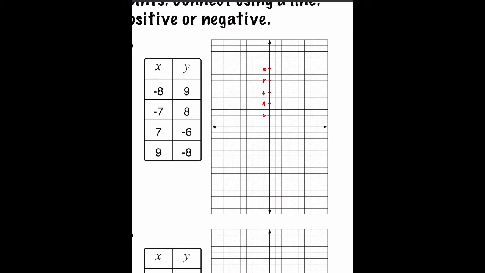So this would be 2, 4, 6, 8, 10 on each positive side, and negative 2, negative 4, negative 6, negative 8, negative 10 on each negative side.